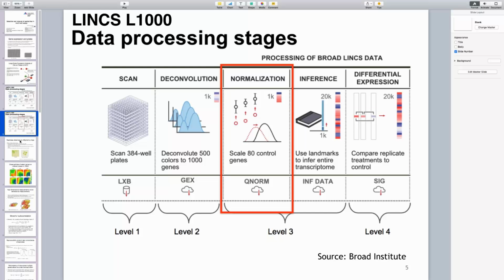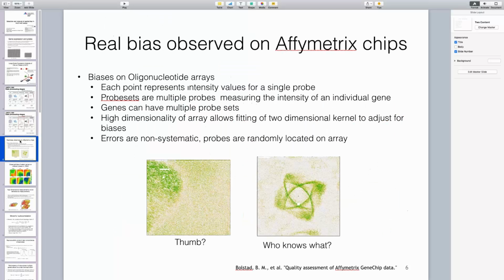So one thing is with biases, historically, they could be seen in other platforms as well. With the Affymetrix chips, there are popular algorithms like MAS5 or RMA to correct for these spatial artifacts. Here on the slide you can see 2 examples of what can happen.